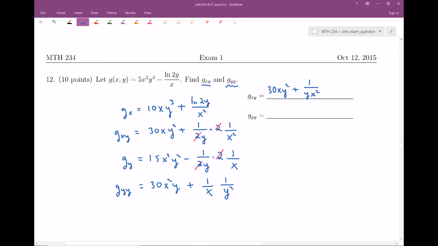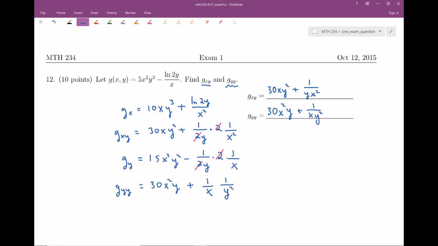So that negative 1 comes down, and then it gets y to the negative second power. Y to the negative second power is the same thing as dividing by y squared. So my final answer here is 30x squared y plus 1 over x y squared. So it looks like just the powers seem to have jumped a little bit. That is my final answer, and that's all there is to this problem.